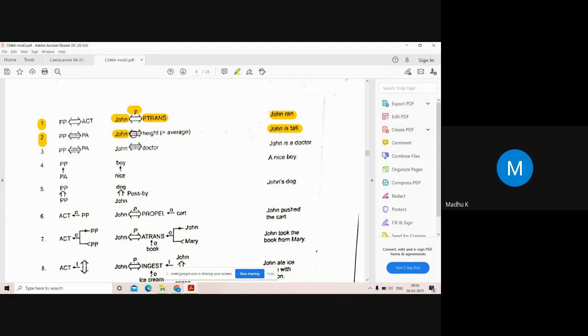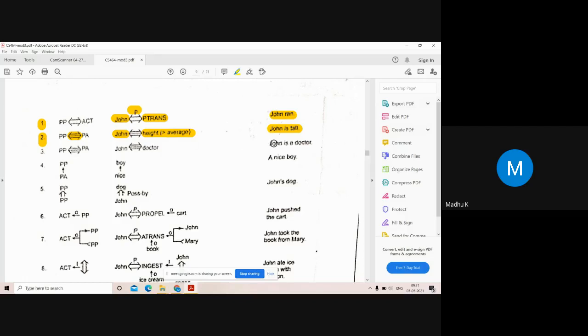Then there is a double arrow mark, and there is a horizontal line also. Just note these notations. This is a rule, so you should study it. John is represented this way, and height in brackets, greater than average.